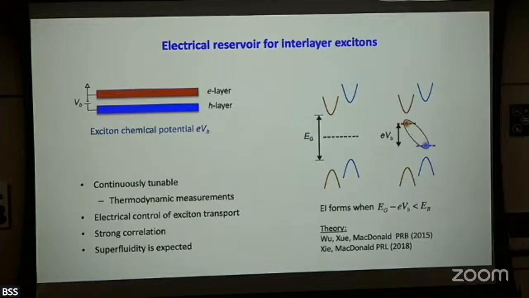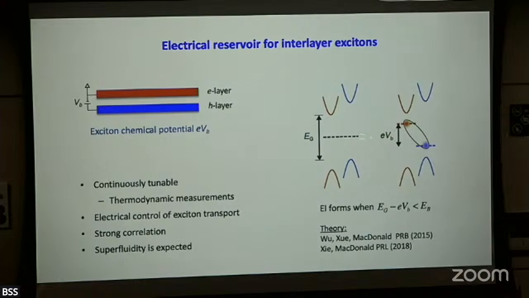Without this bias, you have a band alignment like this, so we can pick two materials with this type-II band alignment, which means the conduction band minimum and the valence band maximum reside in two different materials. And this E_G is the band gap. It's an indirect band gap.